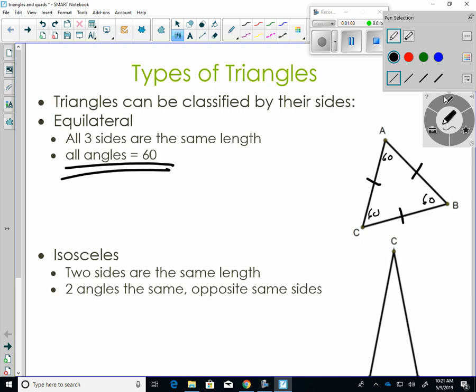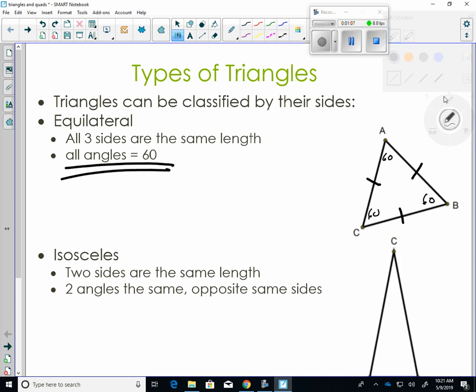Do you guys know the total of all the angles in a triangle? Remember? Not 90. 180. Right? All angles in a triangle add up to 180.